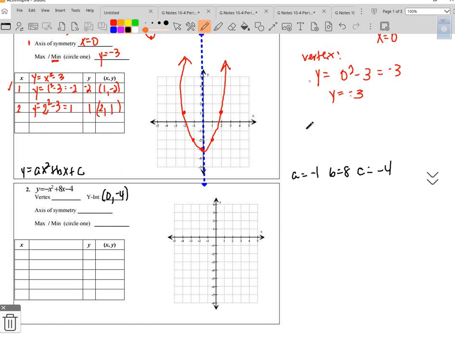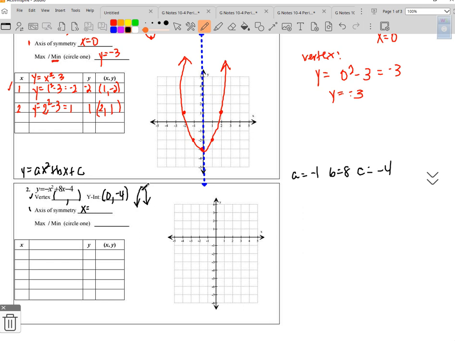So now, like we did up here, we need our vertex, but before we can find our vertex, we have to find our axis of symmetry, because that is going to be our x-coordinate, right? The axis of symmetry is going to be x equals. Before we do that, we could also go ahead and do our maximum or minimum. If this is a negative number, now we know that our parabola opens down.